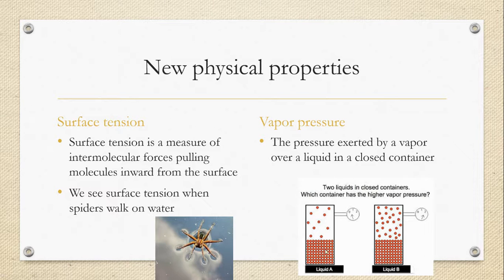If the intermolecular forces are stronger, so these molecules are more attracted to each other, then we'll have fewer molecules that can escape that liquid phase into the gas phase. And so we have a lower vapor pressure when there's more attractive forces or intermolecular forces. Versus if there's weaker intermolecular forces, more of those particles are going to be able to escape the liquid phase, and therefore we have a higher vapor pressure.